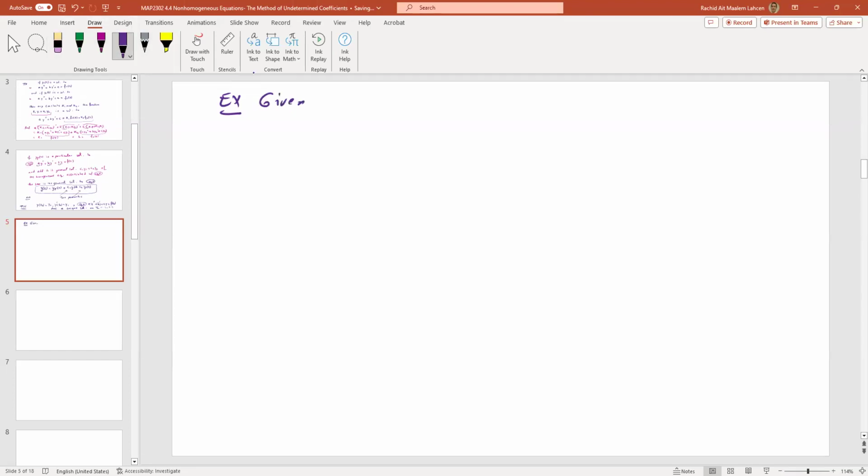So let's say you're given that the particular solution is this, to this equation. Find the general solution and a solution satisfying this IVP.